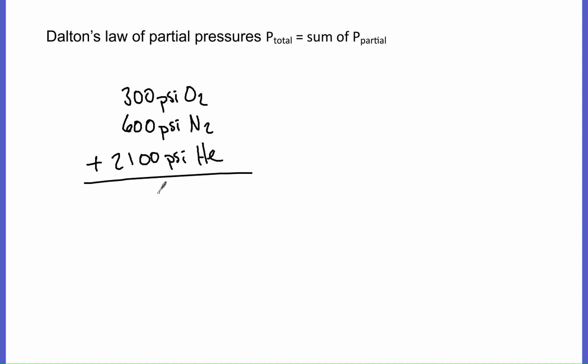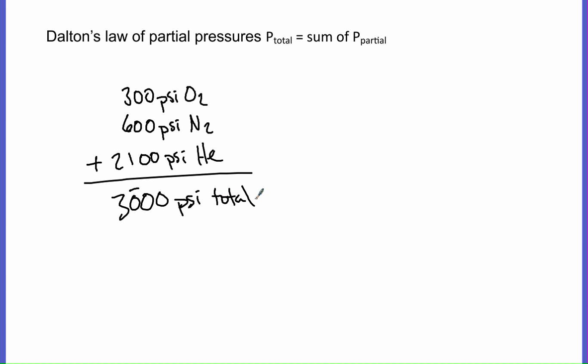So I just add them up and I'd get what looks like 3,000 total PSI here. Remember, I would have to talk about sig figs, so since all those things were in the hundreds place, I should probably have that mark over that zero there. But that's as simple as this law can be. That'd be 3,000 PSI total.